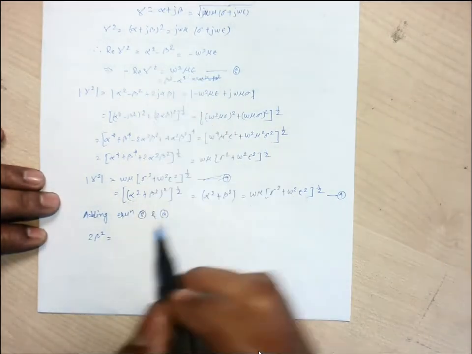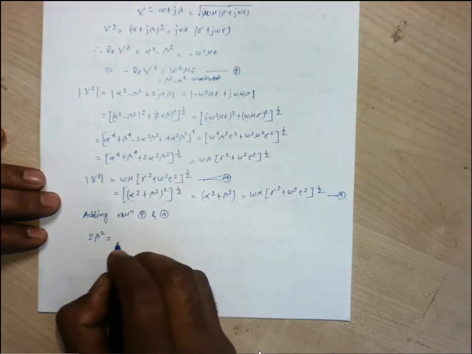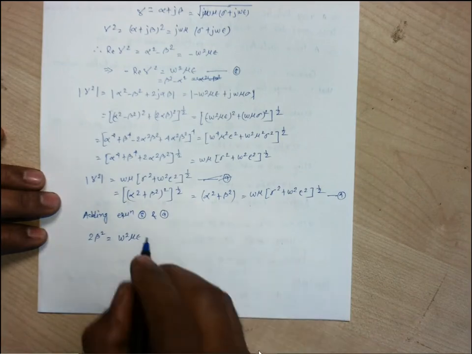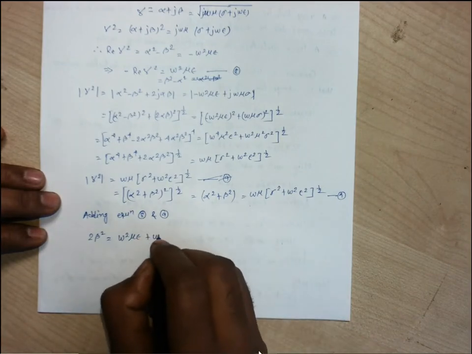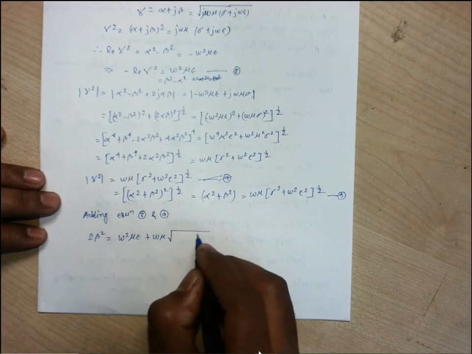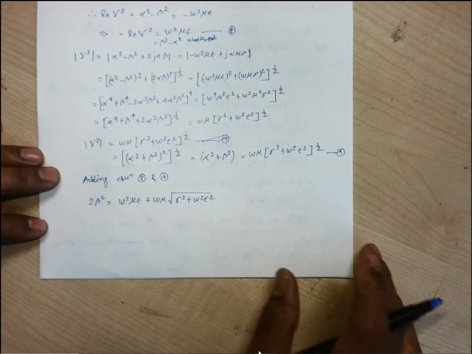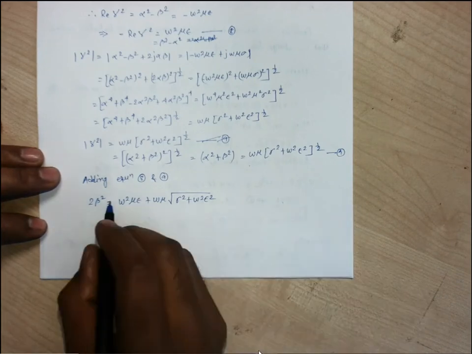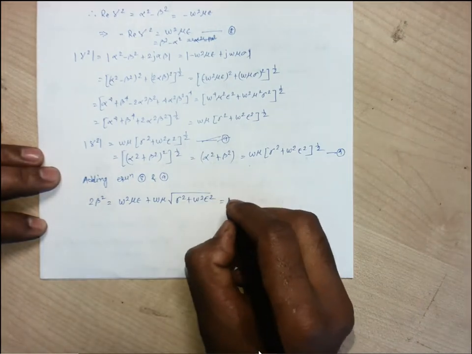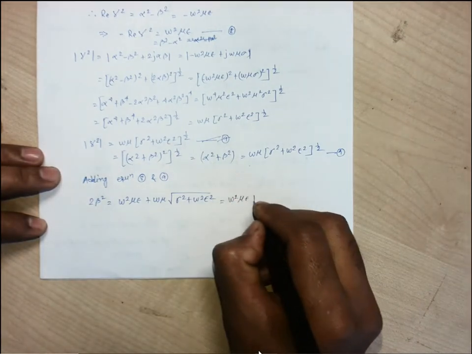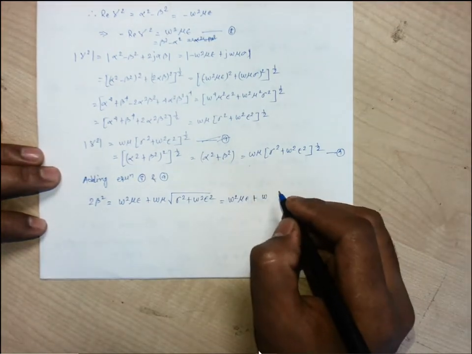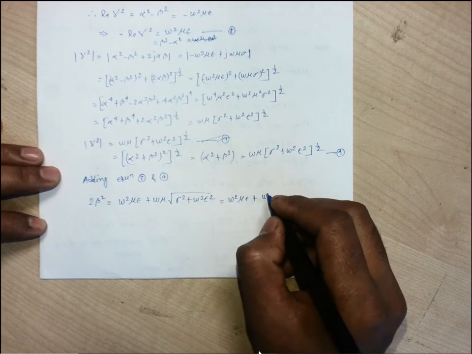So twice beta square is, adding them, omega square mu epsilon from this equation 8, and for this we are having omega mu root over of sigma square plus omega square epsilon square, right? So for this omega square mu epsilon, if we take out this epsilon here, then we can have omega mu epsilon, right?